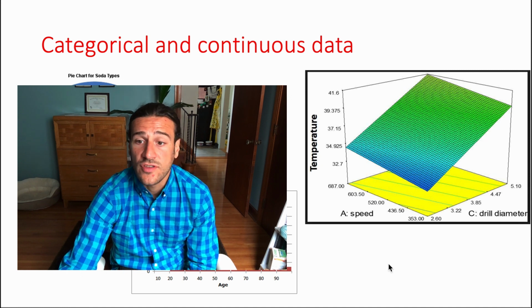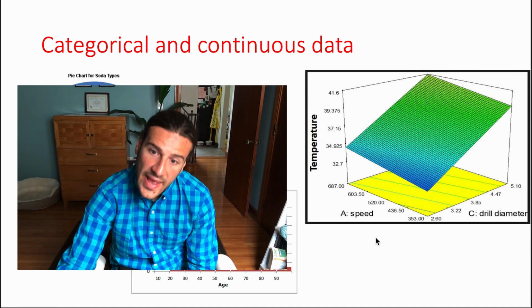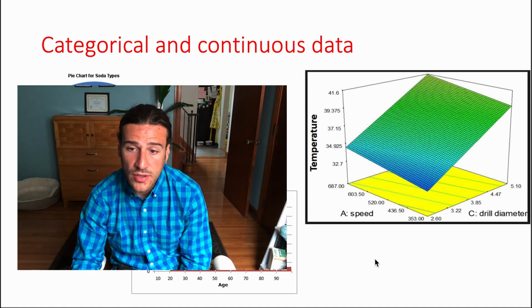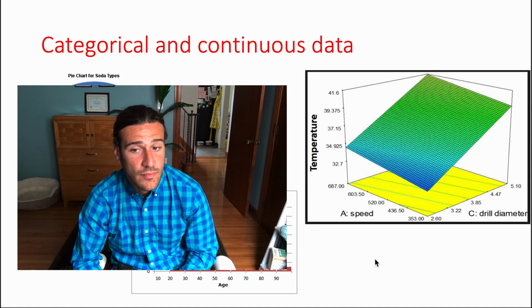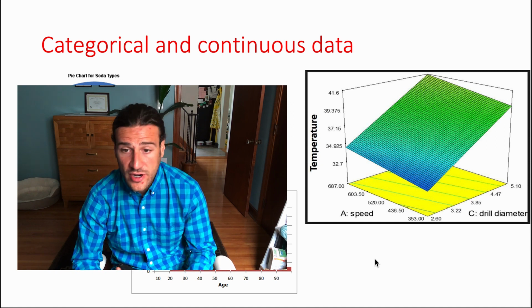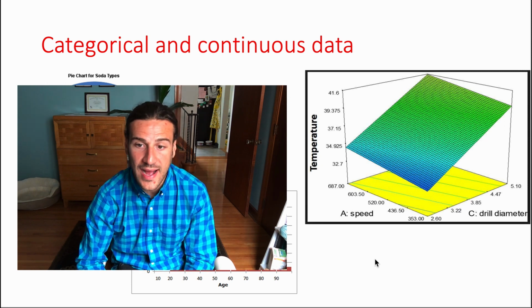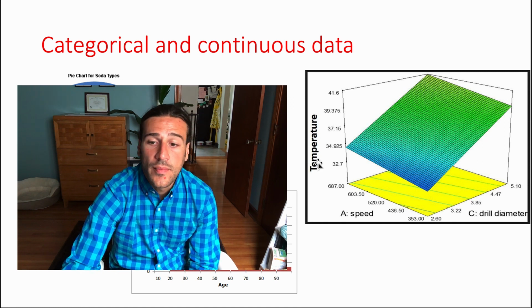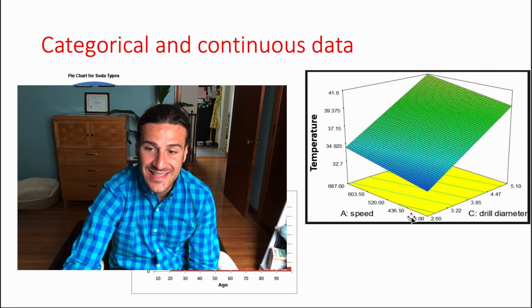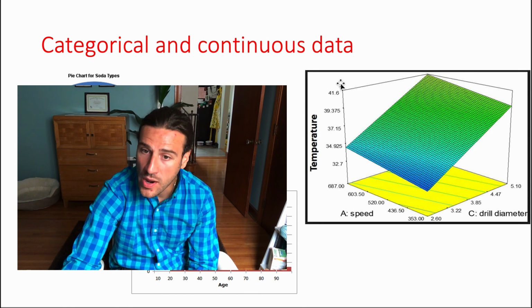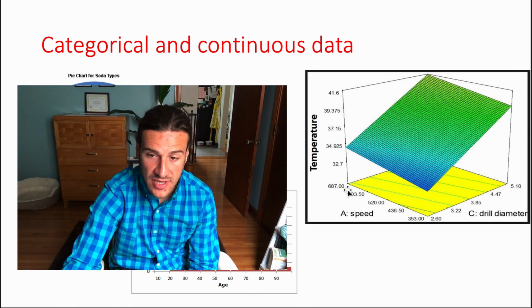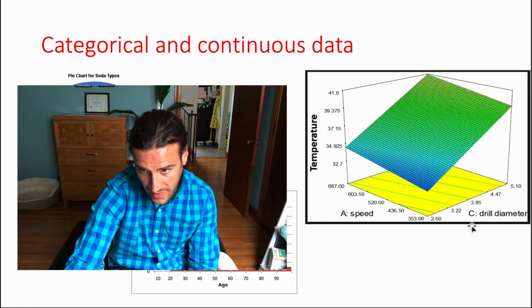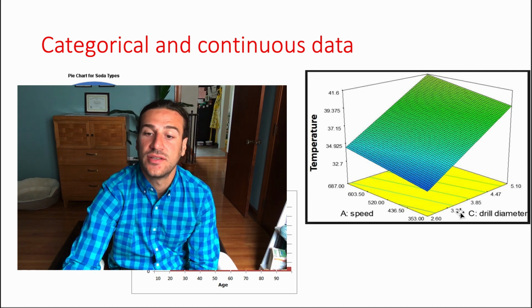I'm sure you all have used a drill before. As you continue to use a drill, the friction of the metal drill and whatever it's coming into contact with actually causes the temperature to rise. Looking at this figure, if we just look at one x-axis at a time, because we have one y-axis in temperature and we actually have two x-axes, we'll call speed x1 and drill diameter x2.